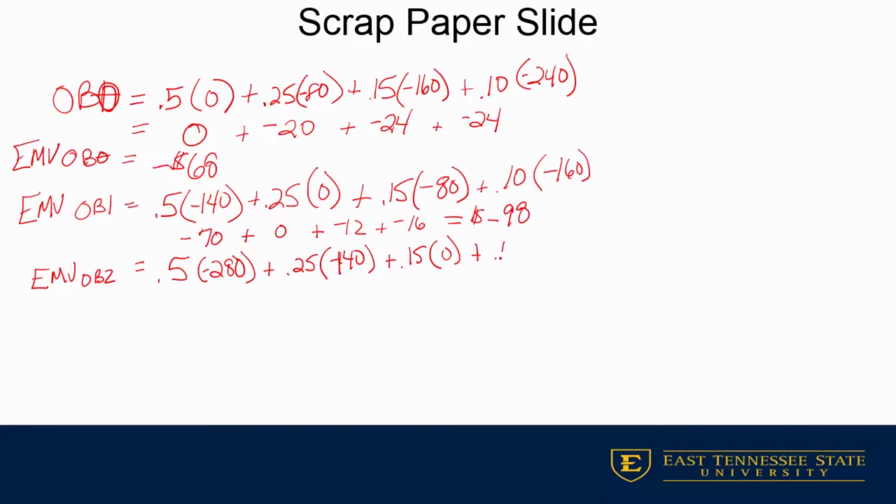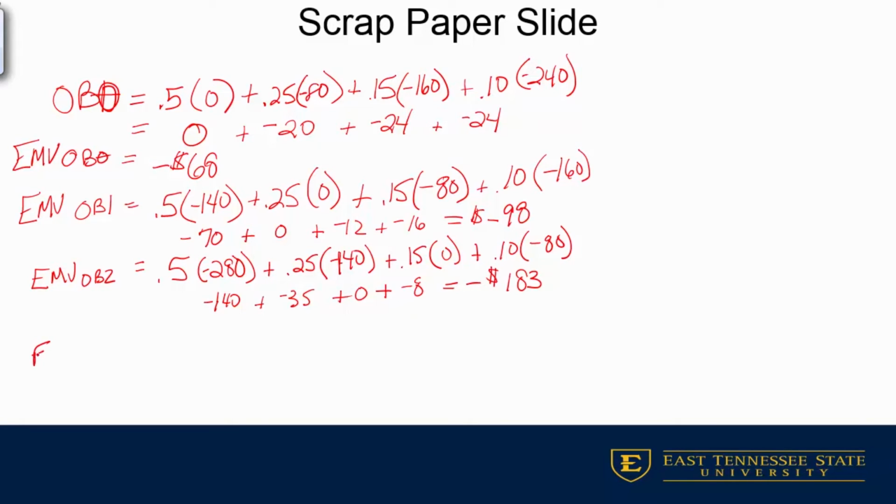And a 10% probability or 0.10 of having three cancellations, we would be out $80. If we do the math on this, we would have a negative 140 plus a negative 35 plus 0 plus a negative 8, and that is going to give us a negative $183 as our expected monetary value for overbooking 2 rooms.